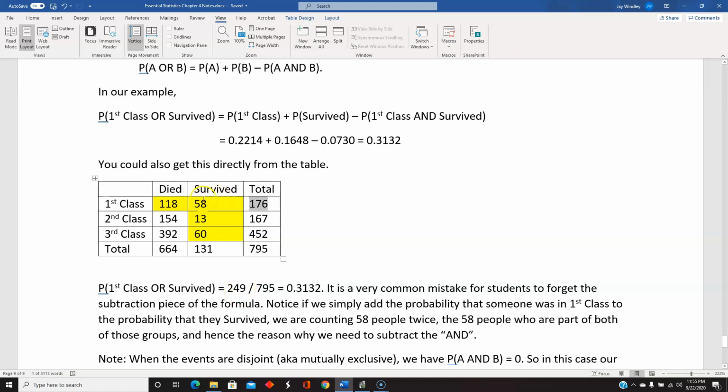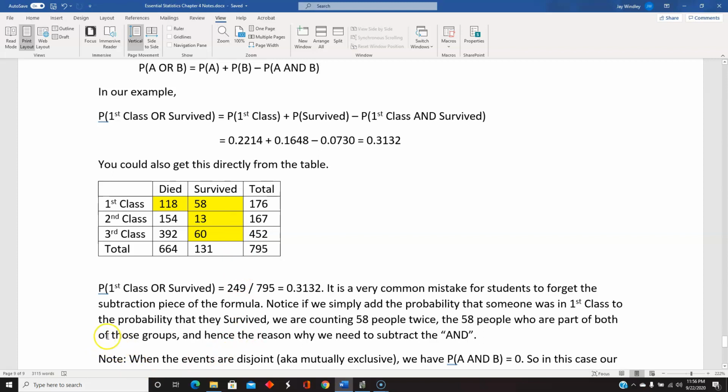And the problem is, doing it that way, you're counting the 58 people twice, because these 58 that we were talking about before for a different probability are part of the 176, but they're also part of the 131. So if you add together the 176 and the 131, you're double counting those 58 people. Hence, the subtraction at the end of this formula. The subtraction at the end of that formula is to get rid of that portion of probability that we counted twice.